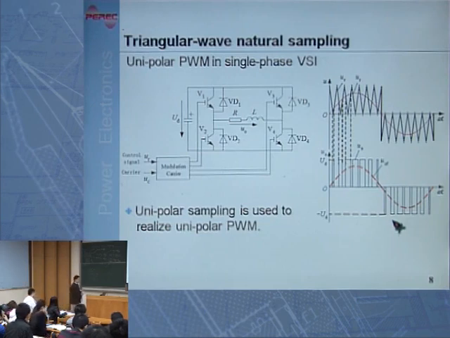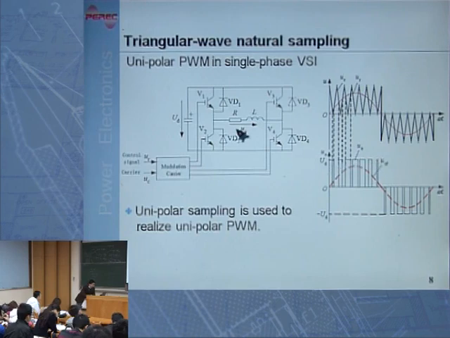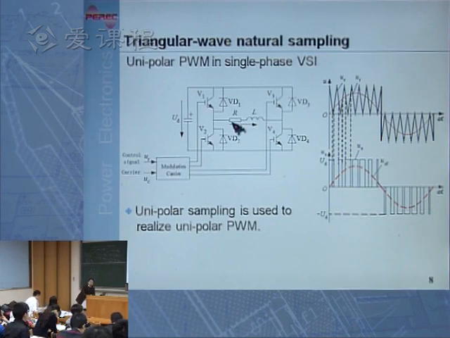Okay, so let's see, how do we generate positive output voltage? If you still remember what we learned from the chapter on inverters, we should know, as long as we send turning on signals to V1 and V4, the voltage across the load will be exactly positive UD, right? As long as we send turning on signals to V1, V4.